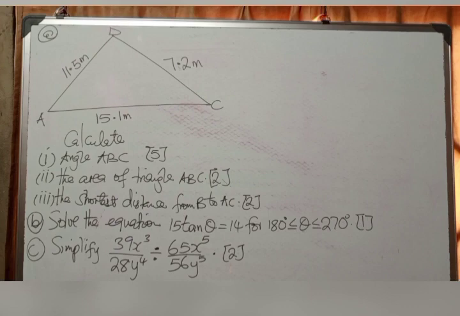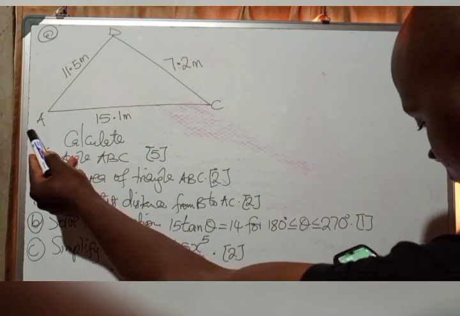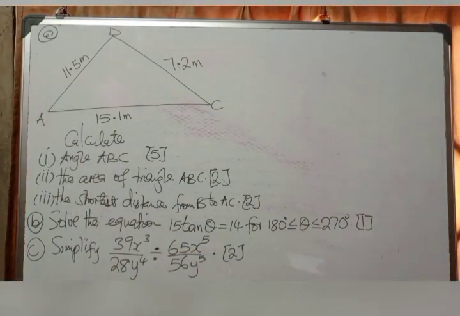The question is: the diagram below shows triangle ABC in which AB is 11.5.